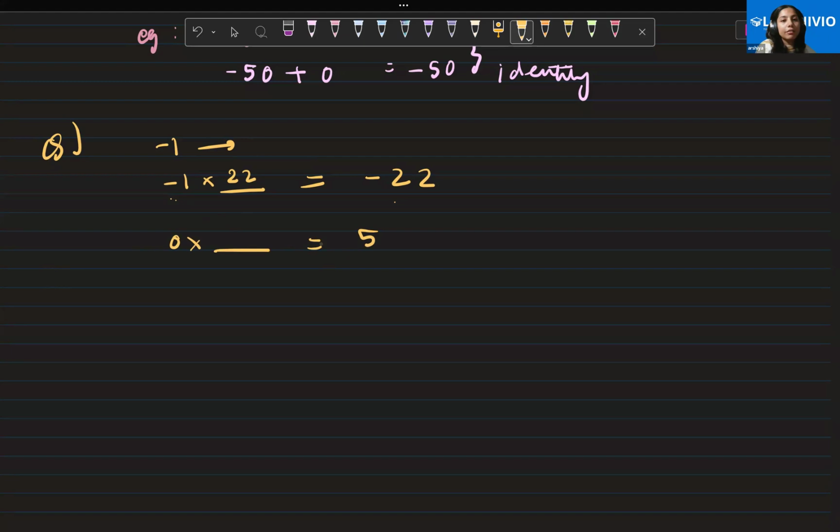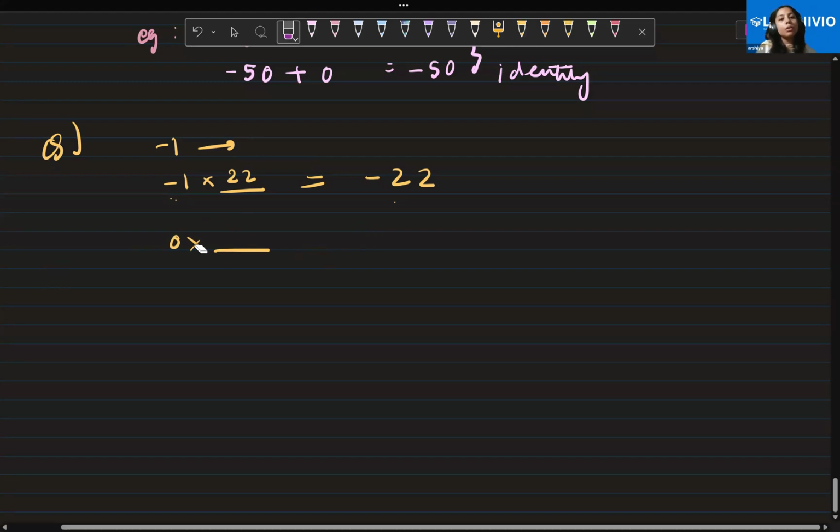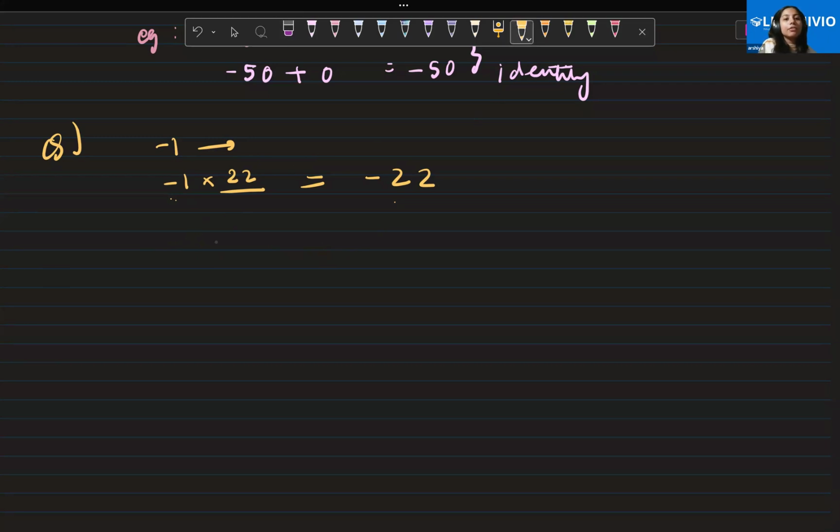No, it can't happen. Wait, sorry, I wrote it the opposite. So 5 into something will be 0.